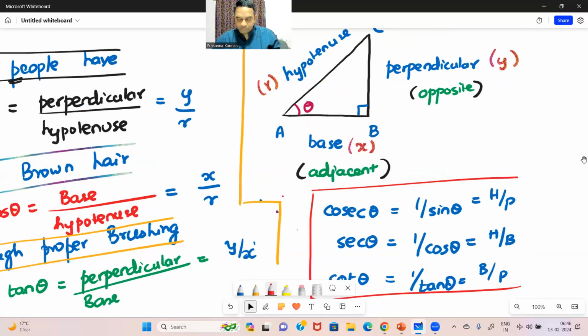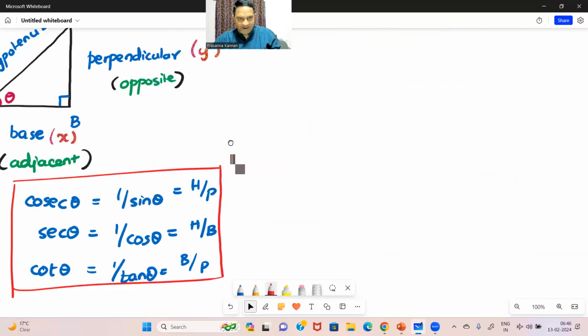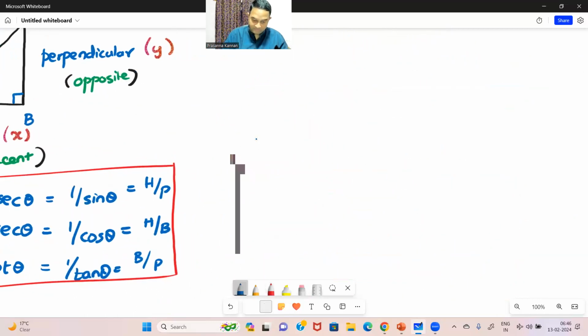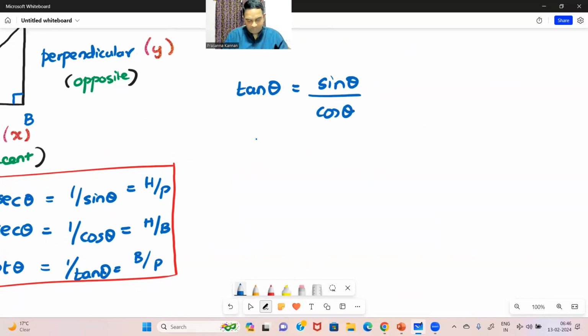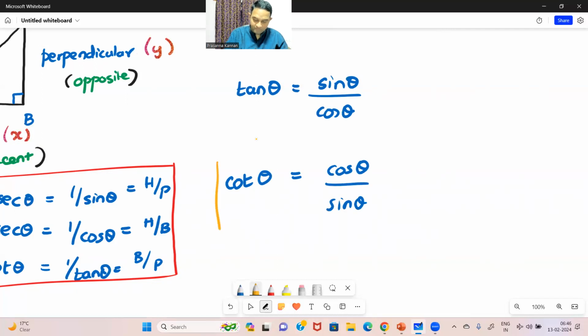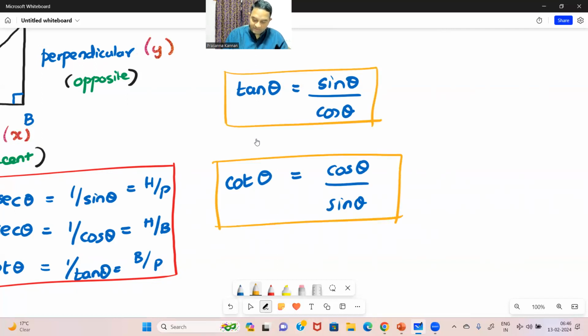Now, one more way of writing tan theta and cot theta: tan theta can also be written as sine theta by cos theta. And how can I write cot theta? The reciprocal. For this, I had done the proof for you.